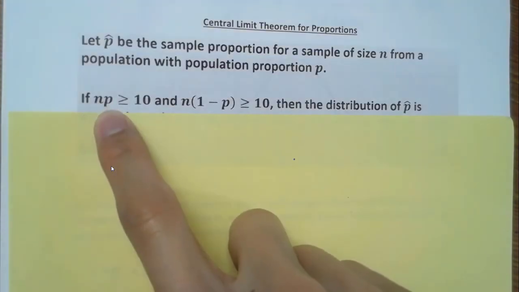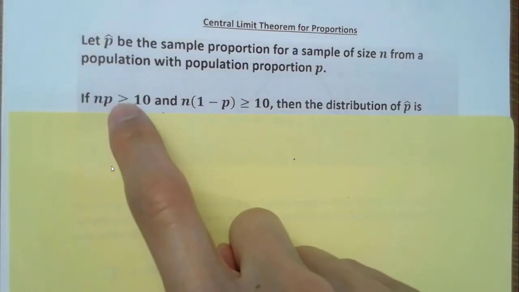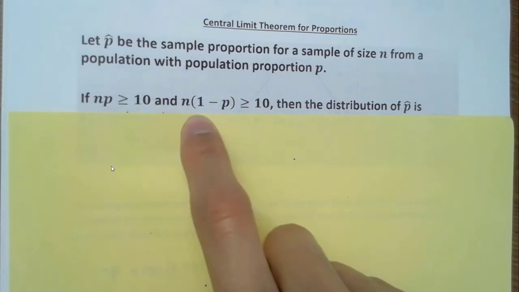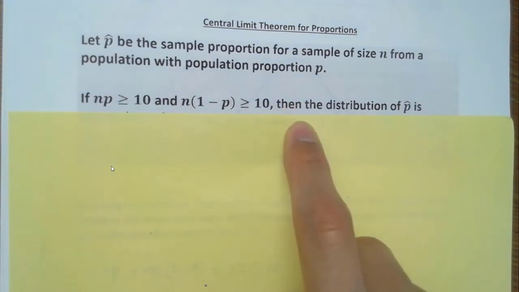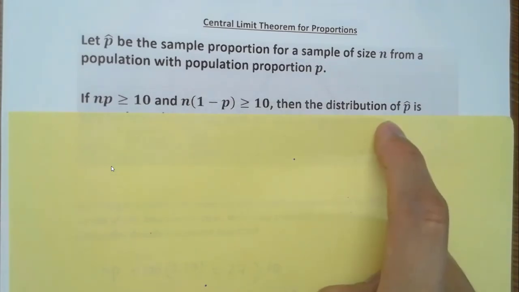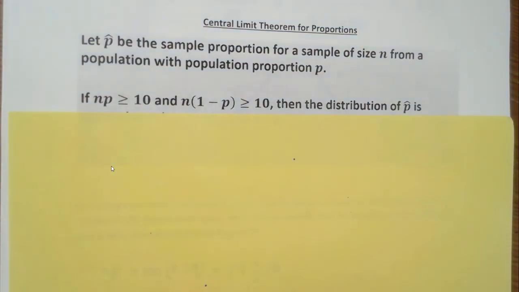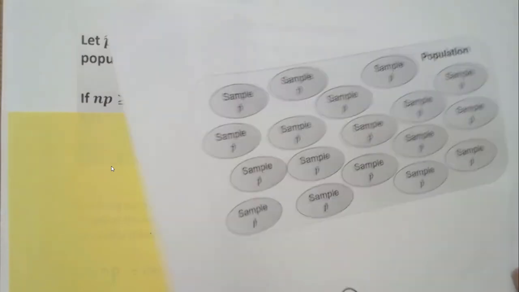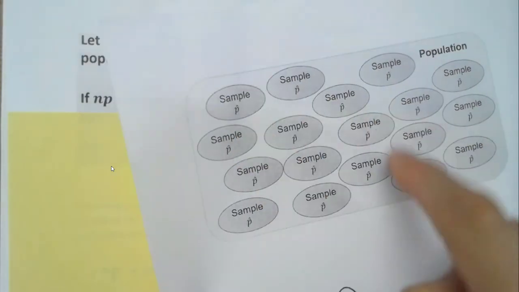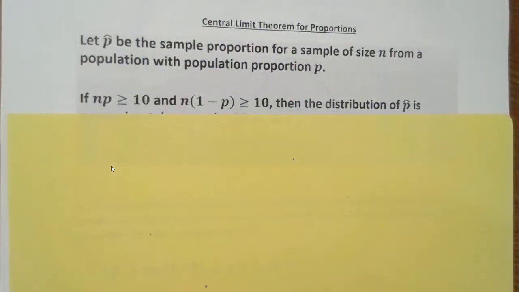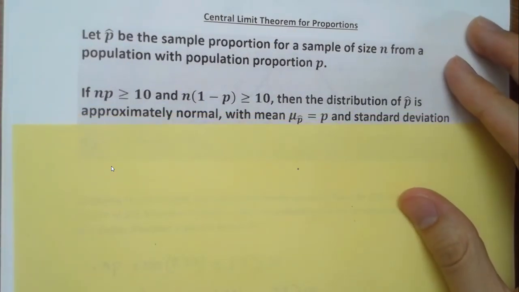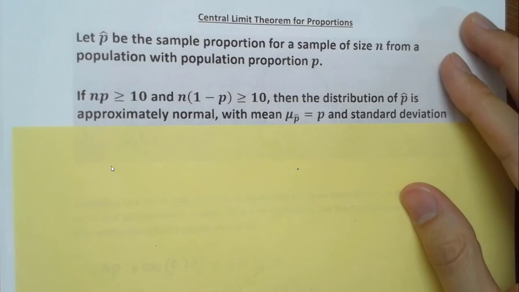If n times p is bigger than or equal to 10, and also n times 1 minus p is bigger than or equal to 10, then the distribution of the p hat, each of them a sample proportion inside a big population, is approximately normal.